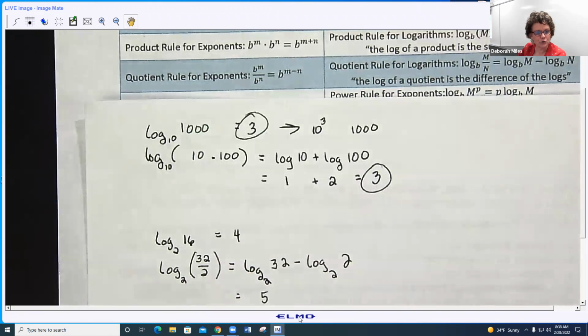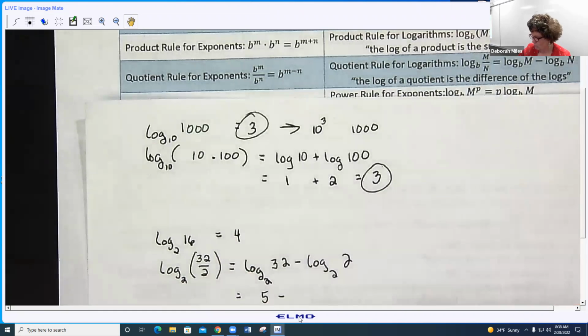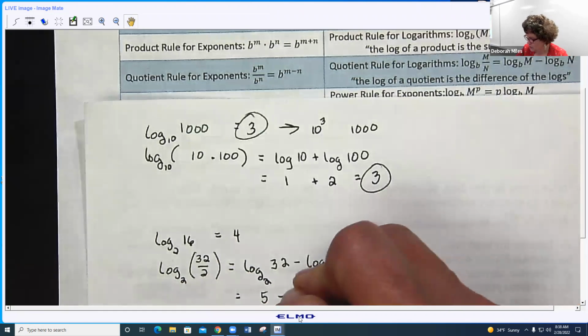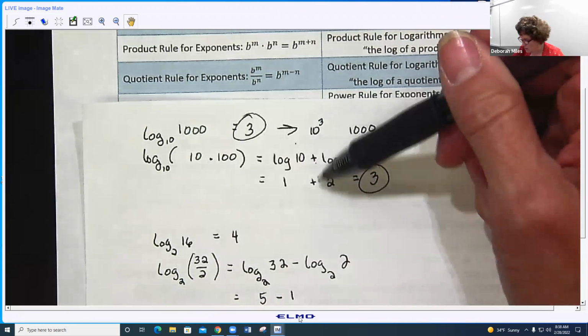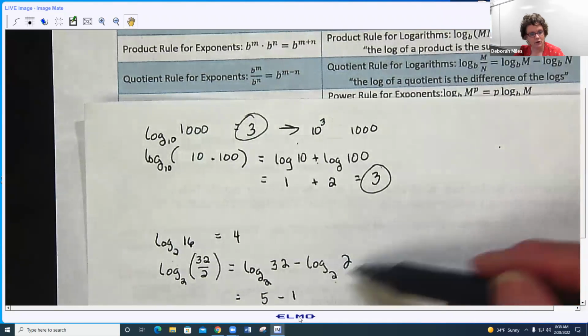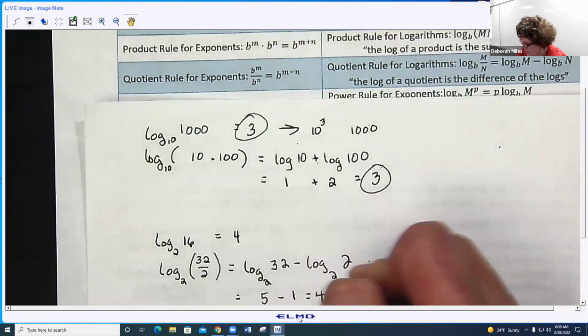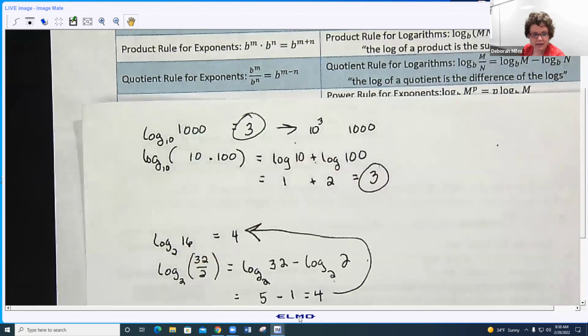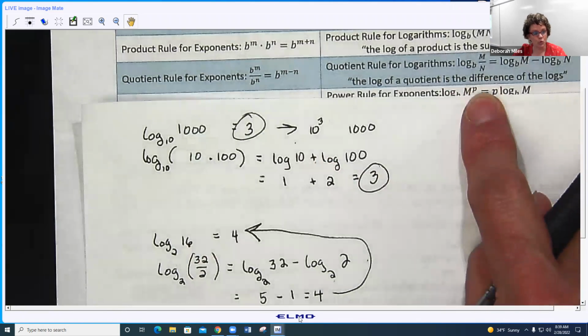What's log base 2 of 2? It's 1, just like log base 10 of 10 was 1. Log base anything of itself is 1. If we do the problem this way, do we get the same answer? Yeah, we do. So the quotient rule for logarithms works.